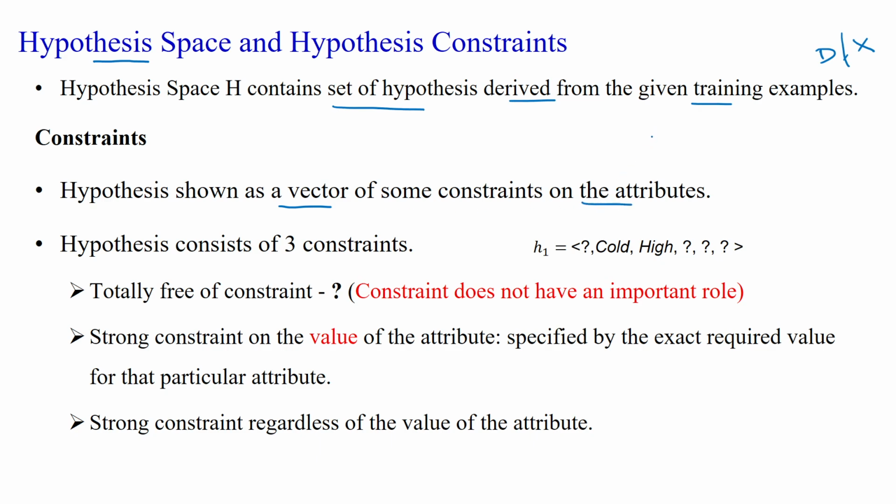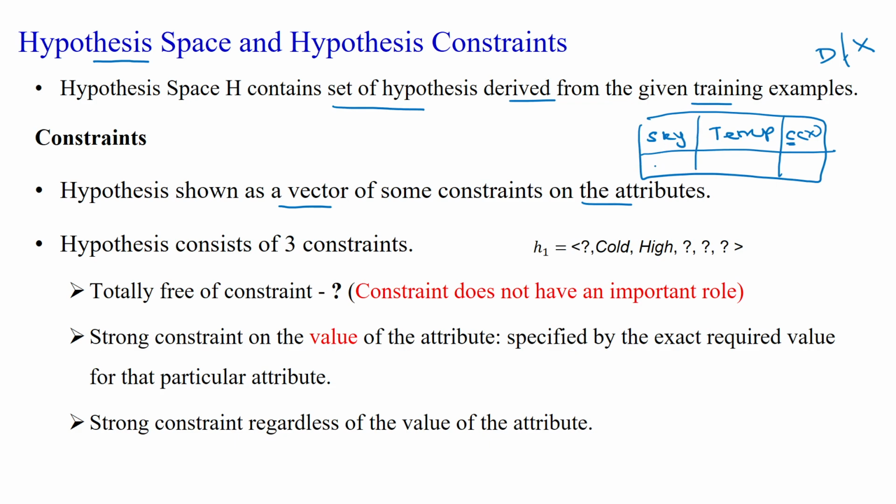For example, if we have a data set like sky, here we have the temperature. So here we have two attributes, and then we will have the target concept. This is called the target concept. C means target, C means concept. So here we will have the attribute values.